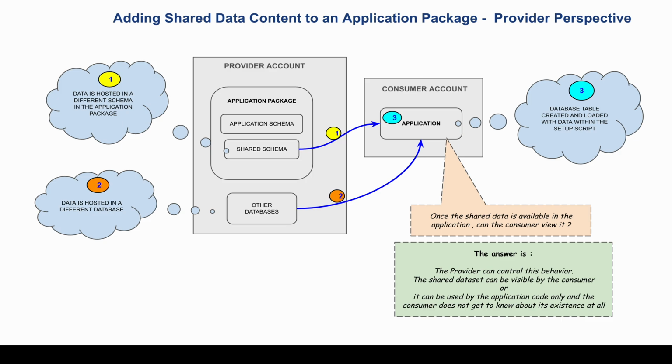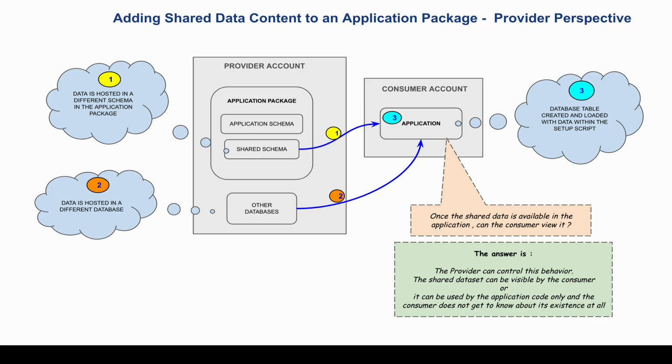Now, this is a very typical use case of using static data. Whenever an application requires some static data, this is the way you generally implement it. You make it a part of your setup itself. However, if your application needs to be backed up by a reference data which is continuously changing in the provider account, the way you do it is follow number one or number two.